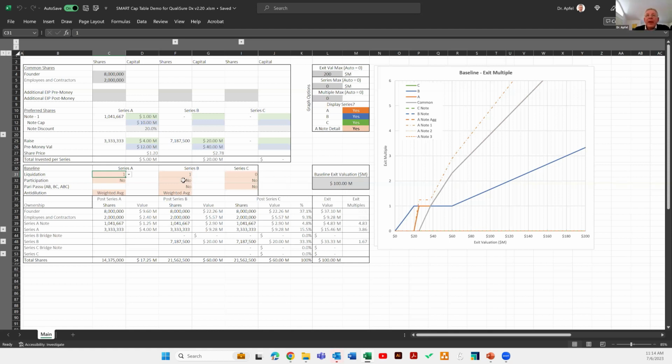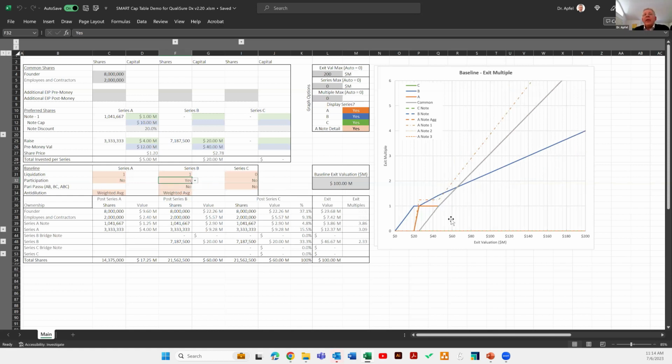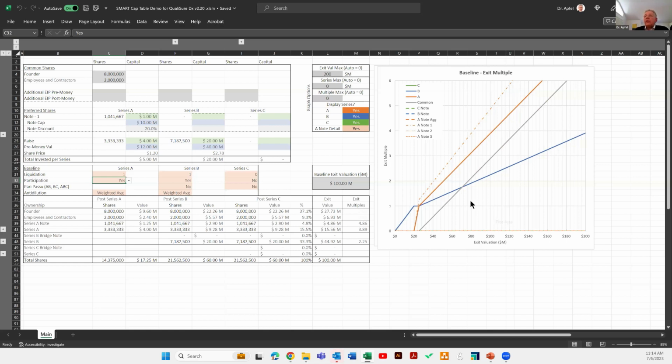When you have participating preferred, that actually means that first it's paid out, and then you participate in that round again. And as you will see, it also changes the slopes. And as a result, there is a little bit more upside. And when you actually get paid out, you don't have a flat interval here. The challenge is at a 100 million exit, this does not make sense.